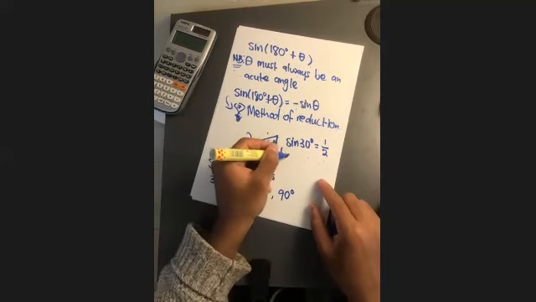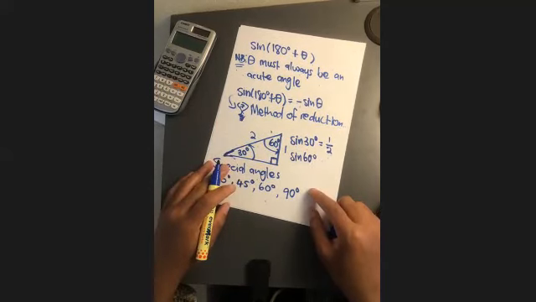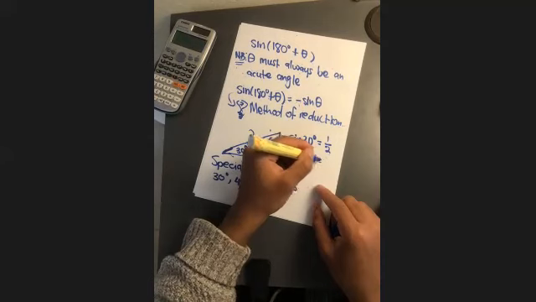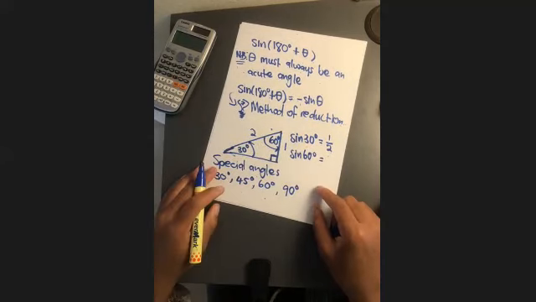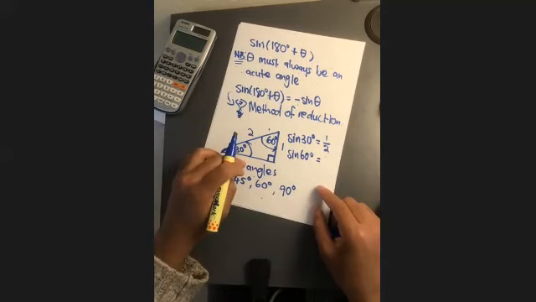And if you want to find the sine of 60 degrees, it's still opposite over hypotenuse.